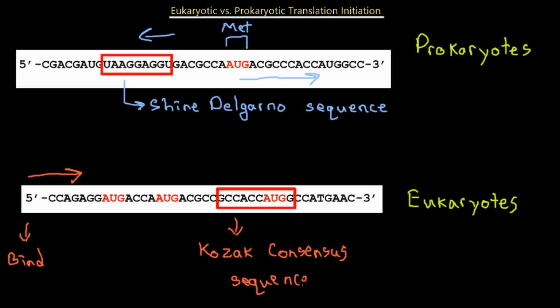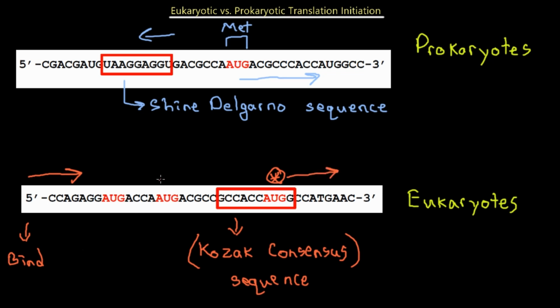And notice that it had to skip several start codons in order to get to this Kozak consensus sequence, because not all AUG start codons are the start codons for eukaryotes. Only the specific one that resides in this Kozak consensus sequence, that is where the methionine tRNA is going to begin, and the ribosome is going to begin its translation from this AUG and onwards.